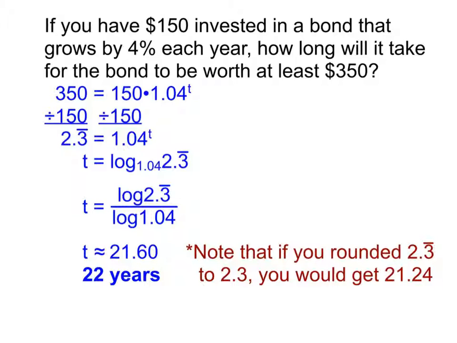If we had just used 2.3 instead, you would have gotten 21.24, which looks a lot more like 21 years than it does 22 years. We don't want to be off by a whole year here. And so that's why we actually need to use the entire decimal. Otherwise, those little tiny amounts of rounding error up here become big differences later. So we have to use the whole decimal or it will throw off everything you do.